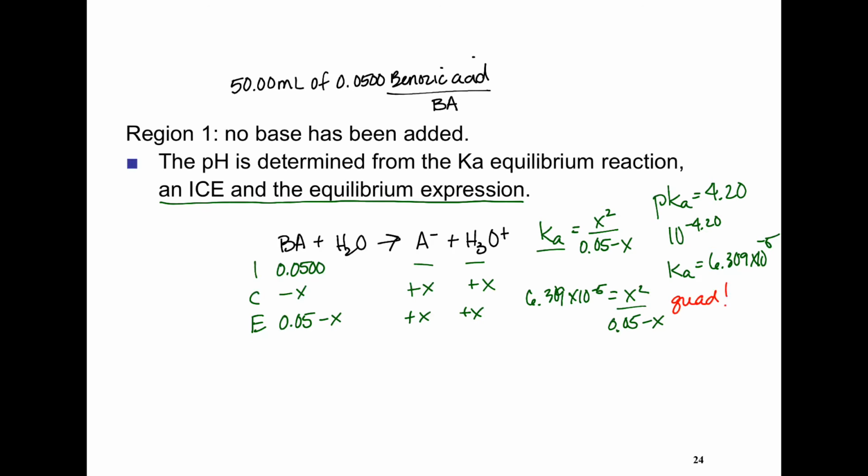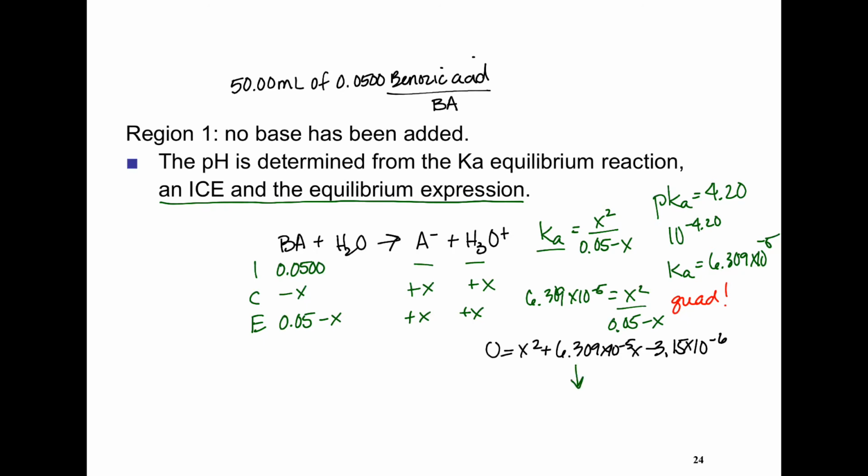So remember, when you're solving a quadratic equation, you would put it in the form of a quadratic equation. So I rearranged it here. All right, and I'll save us some trouble.